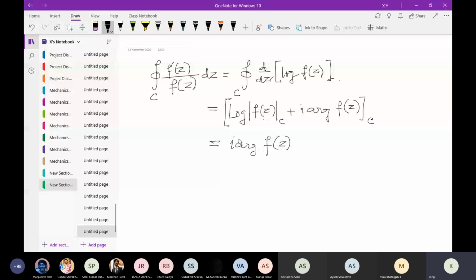So this is the part that we evaluate over the domain C.